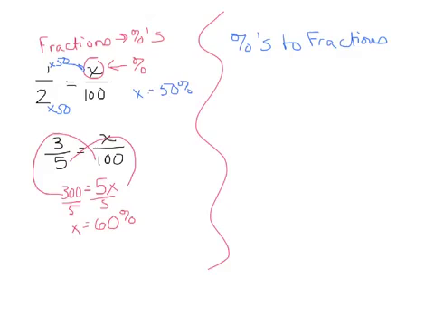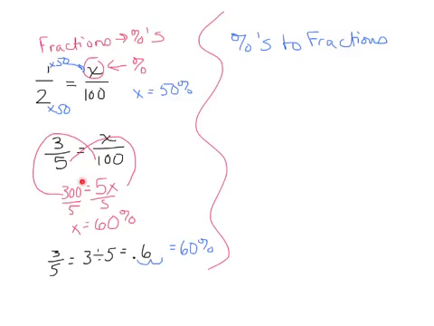Then it's just followed by the percent because it's out of 100. Another way of doing this would be to first take the fraction and turn it into a decimal by doing 3 divided by 5 to get 0.6, and then go through the process of changing the decimal to a percent, in this case 60%. So it's really your choice of what would work.